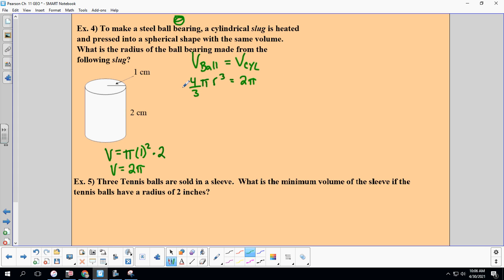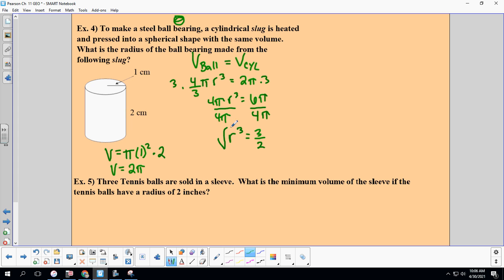So the first thing, let's go ahead and times it by 3. I'm just going to unpack this in a way that we can track it a little bit better. 6 pi. And then divide both sides by 4 pi. R cubed equals 3 halves.